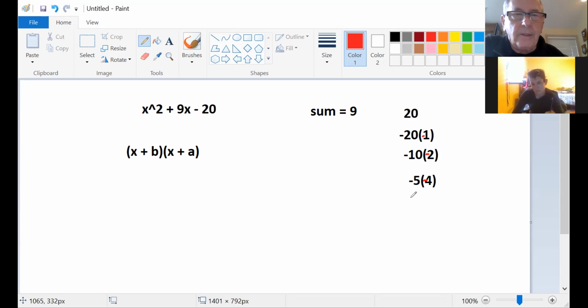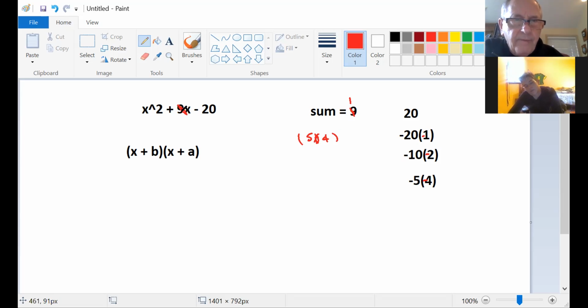I can use a 5 and a 4, but I can't do that. If this was a 1, I could do it. Let's assume I was trying to get 1. How would I get 1? I could get 1 by using a plus 5 and a negative 4, right? So the point is, you're going to be given one that does work.